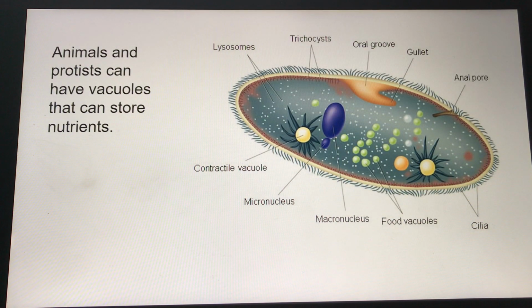Animals and protists have vacuoles that can store nutrients. So those would be called food vacuoles, and you can see those here in green on this diagram. And of course, here, this contractile vacuole looks a little bit different. This can store water, and it can also help to get rid of extra water. So it will actually squeeze the water out of this little star-shaped organelle.